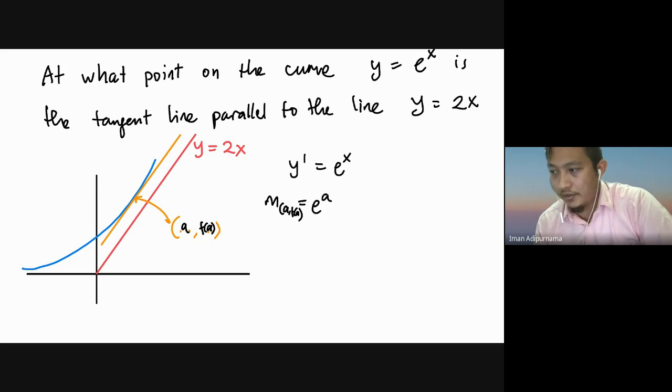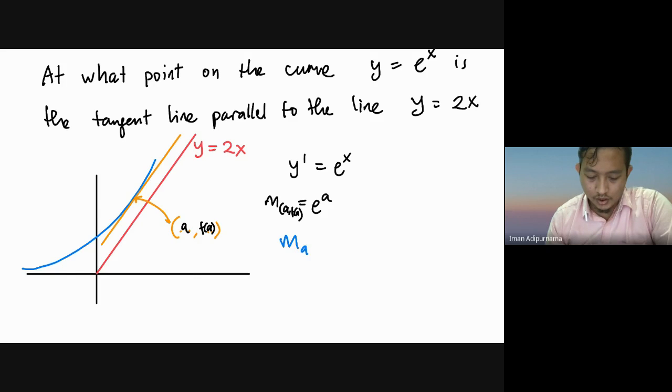Then it is parallel to the line, let's say m2.